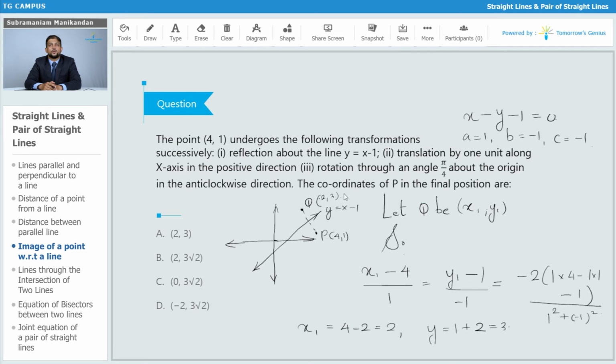After step 1 of the transformation is completed, what is the next step? Translation by 1 unit along x-axis in the positive direction.